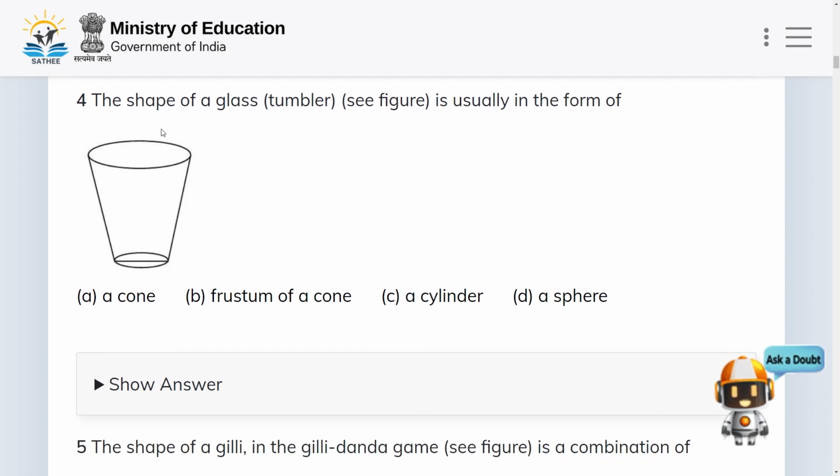In the next question, we have the shape of a glass tumbler. You can see this figure. It is usually in the form of what? You can visualize this shape. This is actually the shape of a glass.